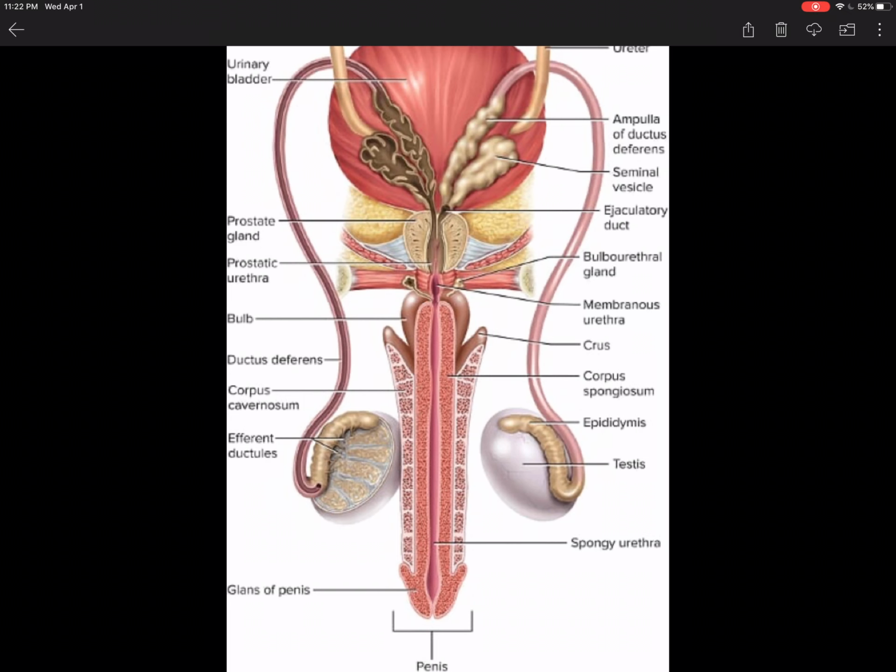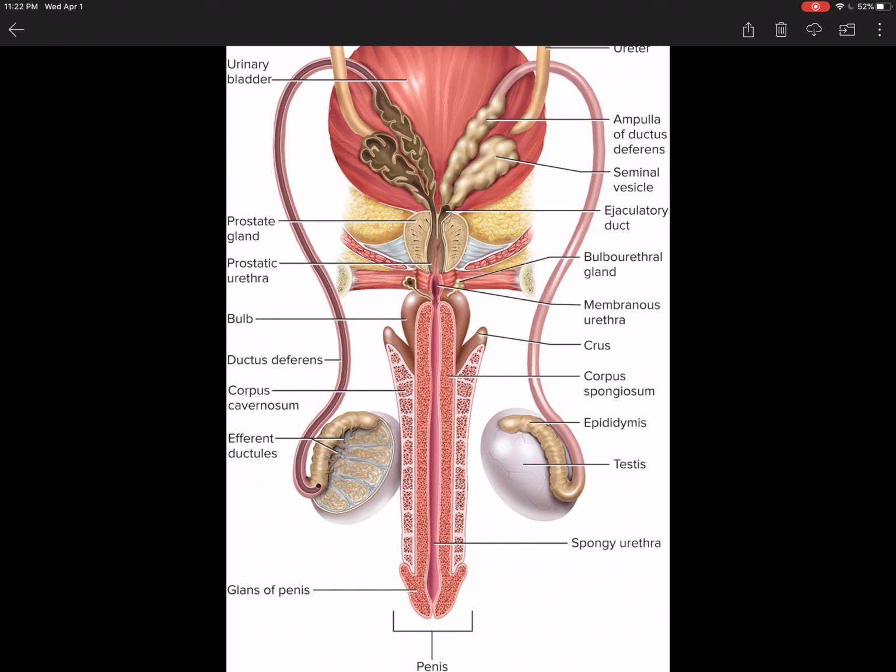This shows you all of the accessory glands along with the urethra. So on male, remember we get those three different parts to the urethra. We've got the prostatic urethra, the membranous urethra, and the spongy urethra. That spongy urethra you can see running right through the corpus spongiosum. You've got the seminal vesicle.